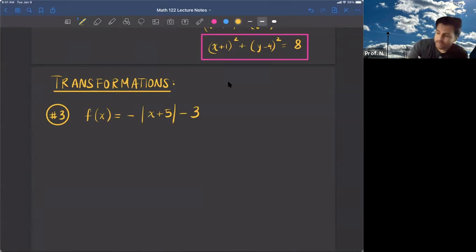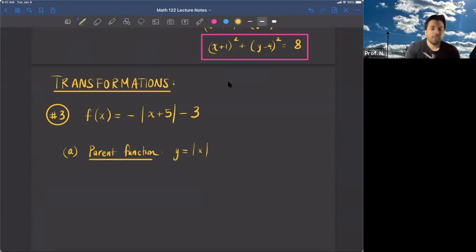And the parent function, so part A, what is the parent function? Remember, one of the parent functions is the absolute value function. So the absolute value function would be the appropriate parent function for this. So I'm applying transformations to this parent function.